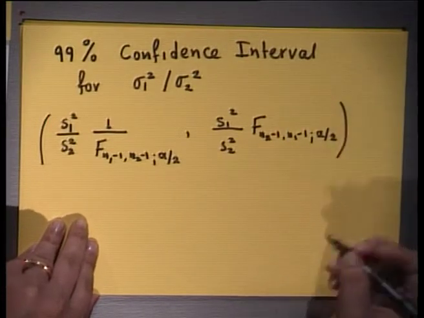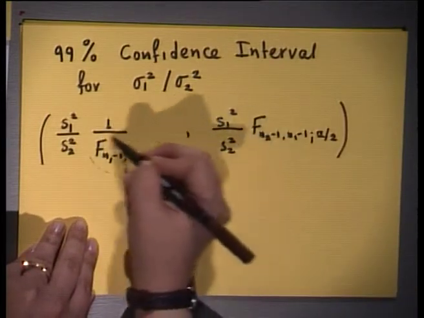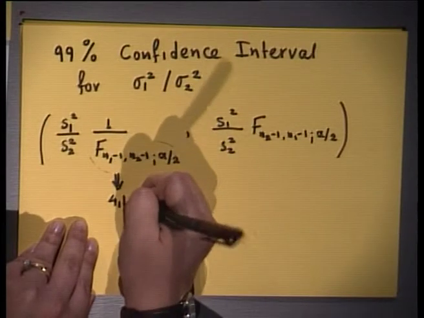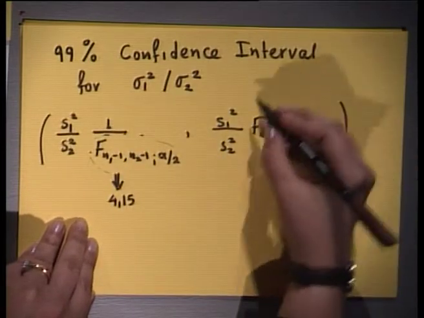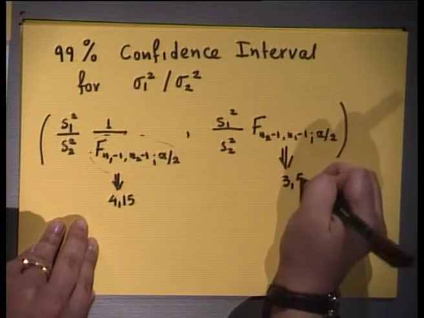Now from the tables we can see that this value here is 4.15, and this value here is 3.58.